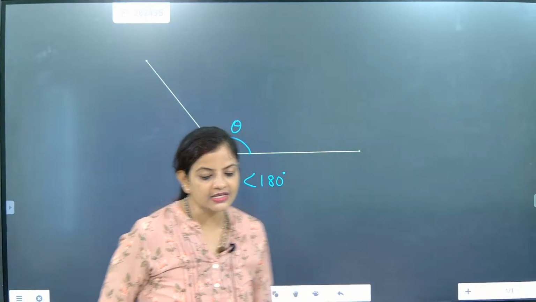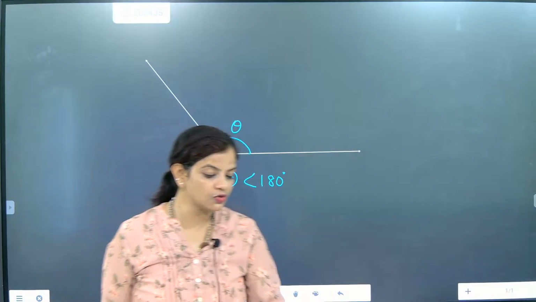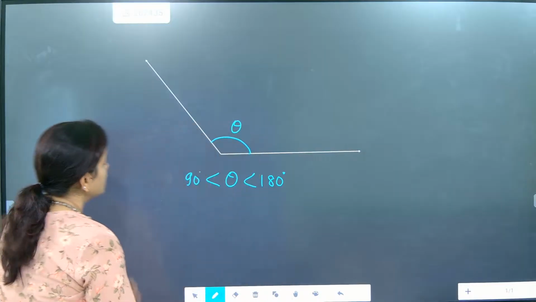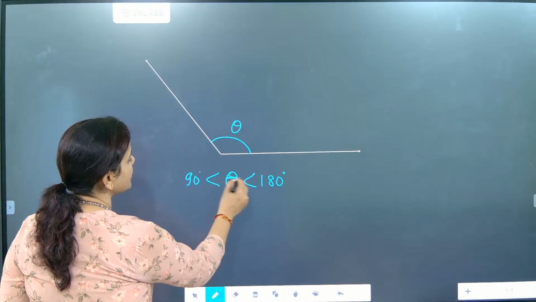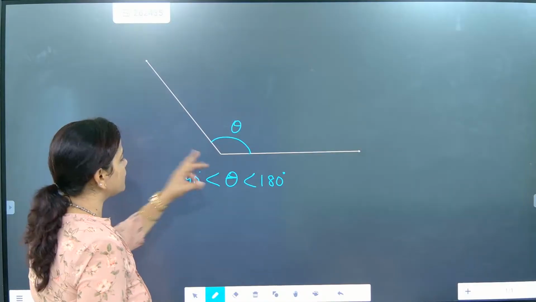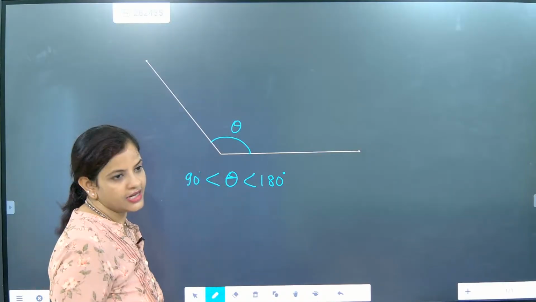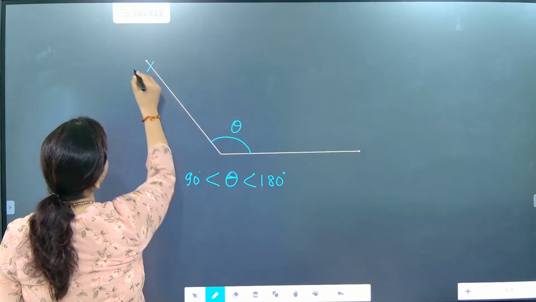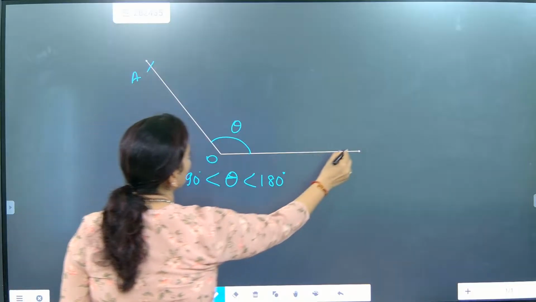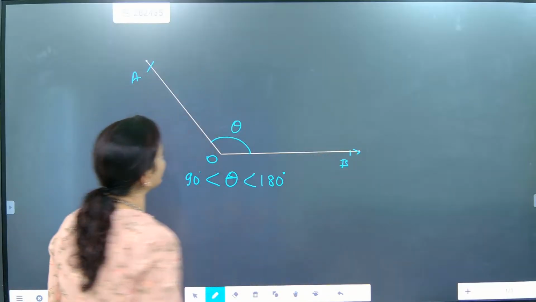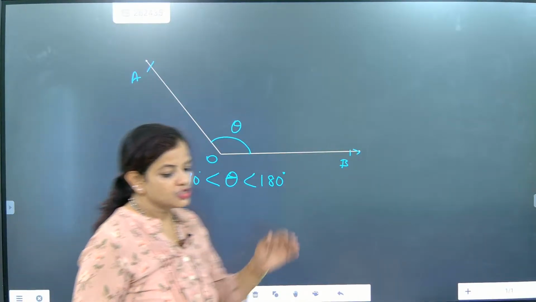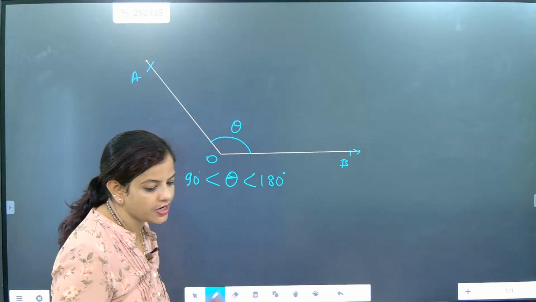It is absolutely correct, Anvi. So the angle theta will be exactly lying between 90 degrees and 180 degrees. Understood? So how are we going to write here? It is AOB. The angle subtended is an obtuse angle.